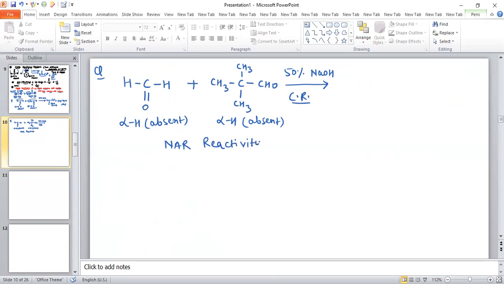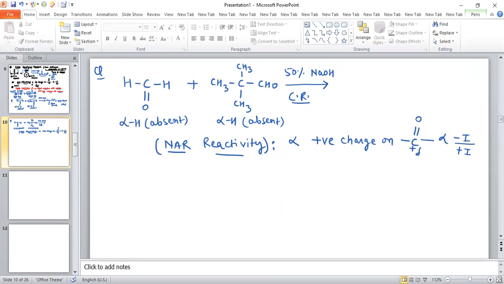Nucleophilic addition reactivity is directly proportional to the positive charge on the carbonyl carbon, which is directly proportional to minus I and inversely proportional to plus I. Also nucleophilic addition reactivity is inversely proportional to steric hindrance, which means less steric hindrance, more nucleophilic addition reactivity.